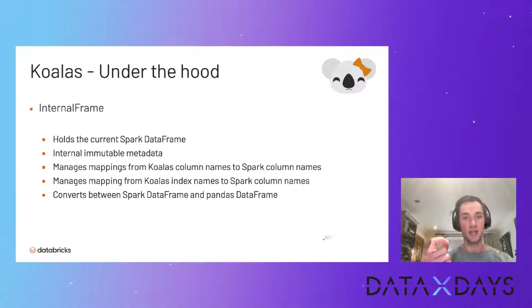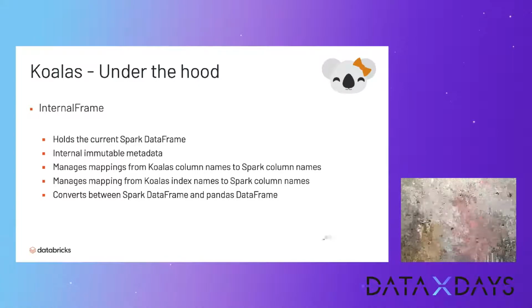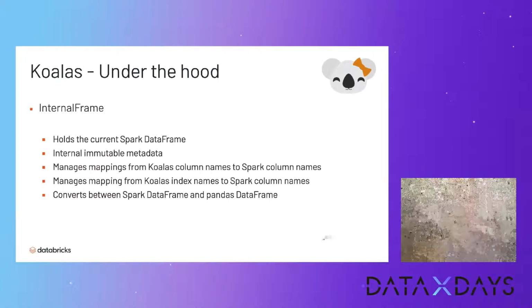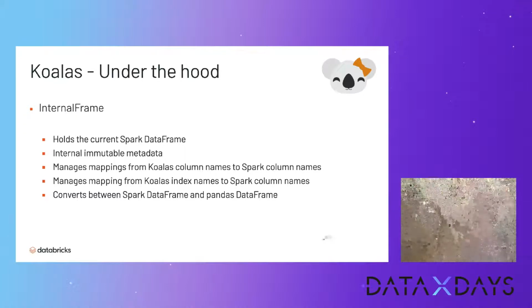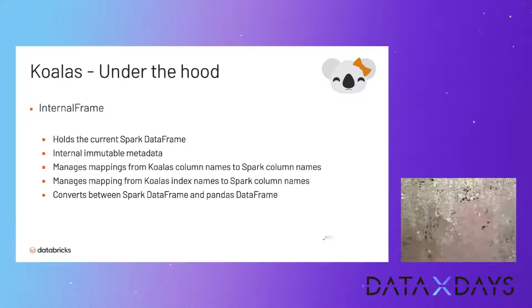The internal frame then manages the mappings between Koalas column names and the Spark column names underlying them. Further, in order to replicate the index or multi-index functionality that you get with pandas, Koalas requires that we map the columns of the Spark data frame representing the index to an appropriate Spark column name as well.